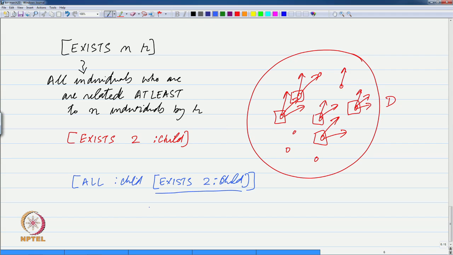So, what does this concept say? How would you read this? Every child has at least, every child has 2 children. Yeah. So, all those people, so I will use the term people, whose all children have at least 2 children.